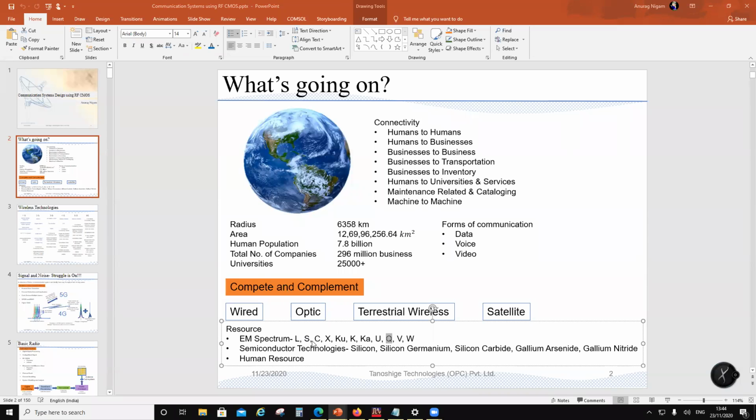This already crowded band is there, S band and C band. There is lots of consumer electronics communication already in C and S band. Now people are migrating to higher bands. When we look at 5G, there is a sub 6 gigahertz 5G, which is being rolled out now.